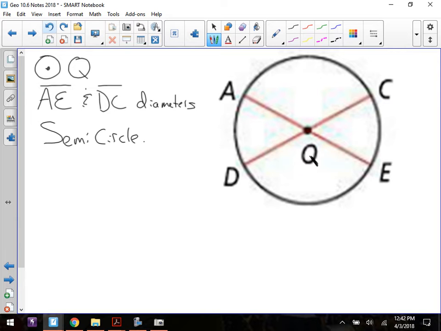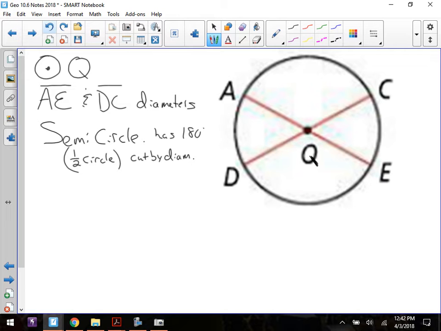A semicircle would be a circle that's been cut by a diameter, half a circle if you want. Now, if there's 360 degrees in a circle, how many degrees would be in a semicircle? 180. A semicircle has 180 degrees to it.